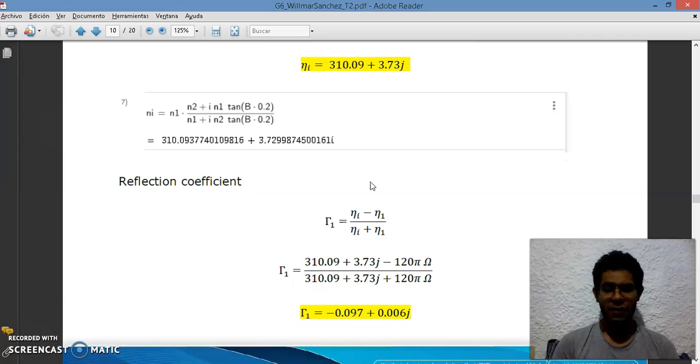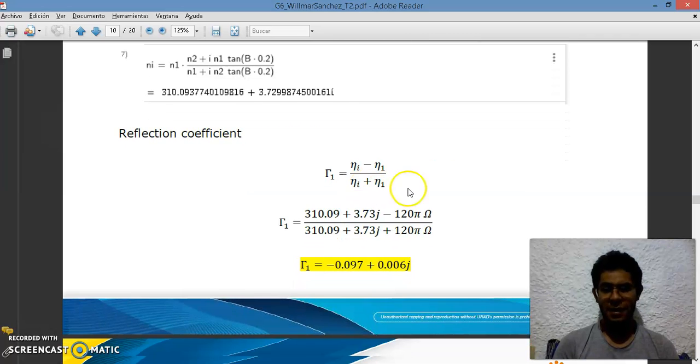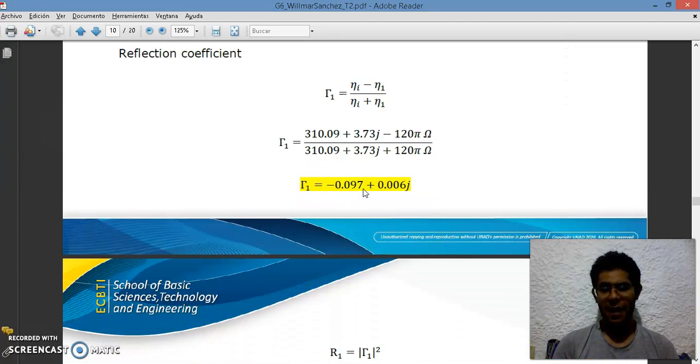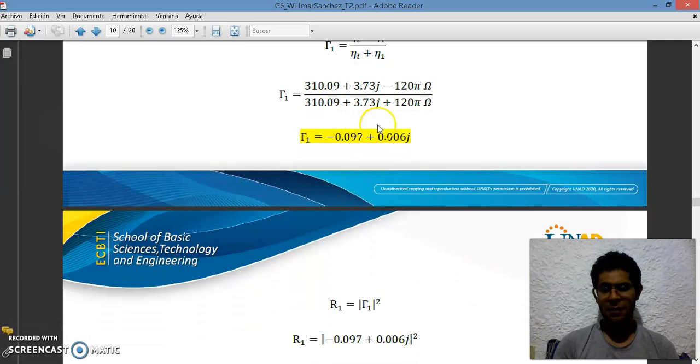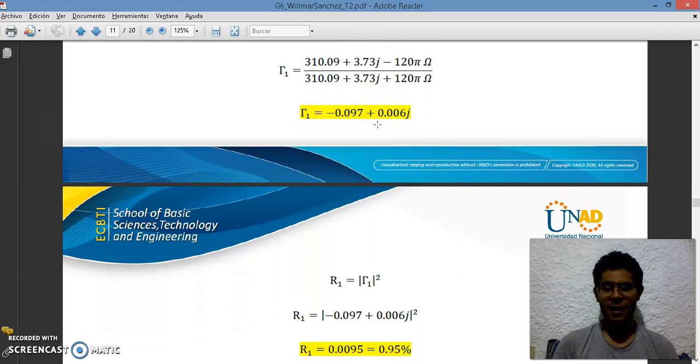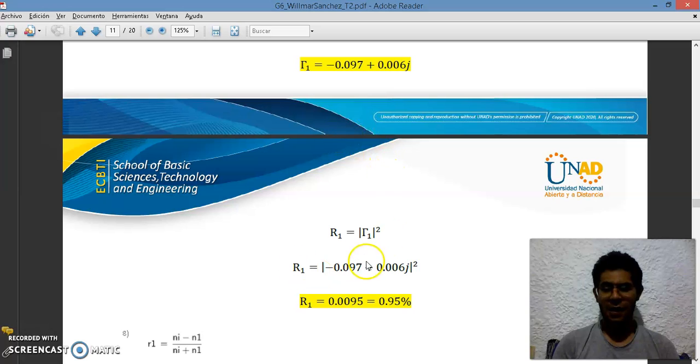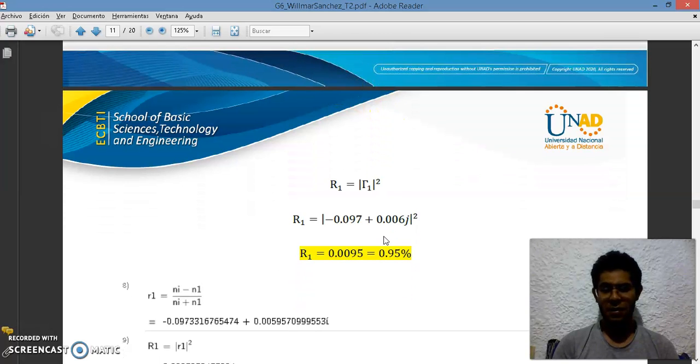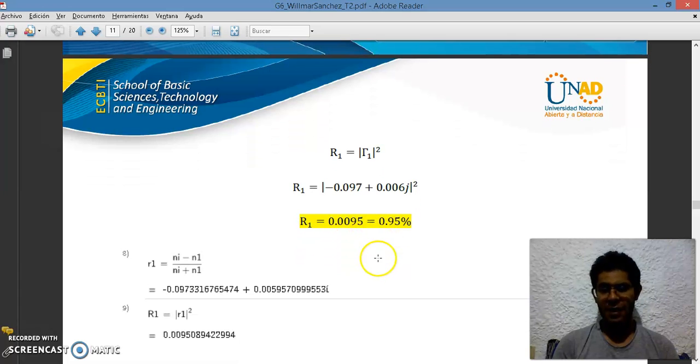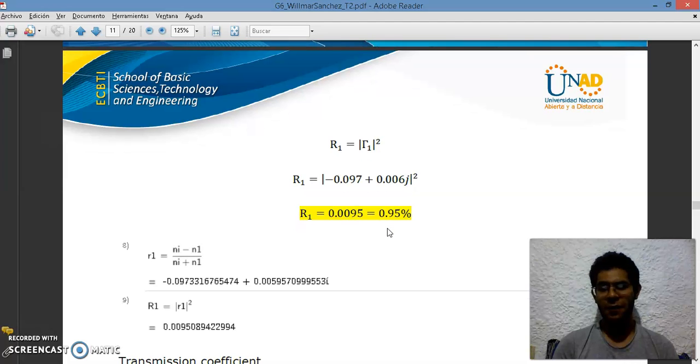To find the reflection coefficient, I use this formula, and this complex number obtained, I elevate it to the square and have that the reflection coefficient is equal to 0.95%.